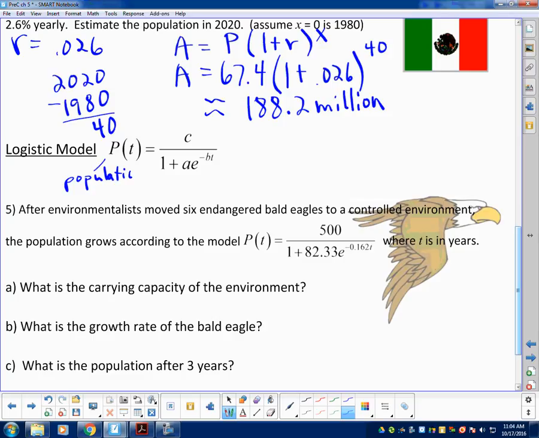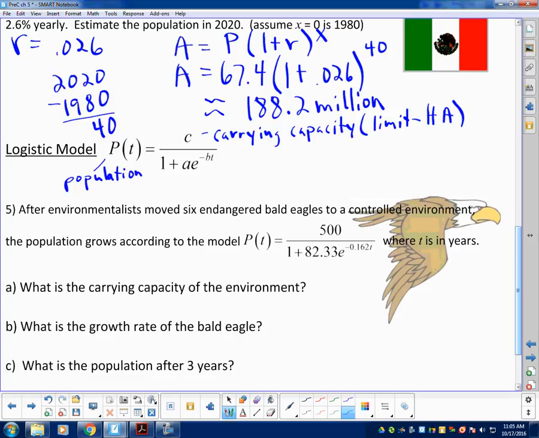The C up here is what we call the equilibrium state, or the limiting value, the carrying capacity. Lots of different names for the same thing: carrying capacity, limiting value, limit, or we also have called it the horizontal asymptote. Remember in the Rumors Unleashed, that was the horizontal asymptote of the function.